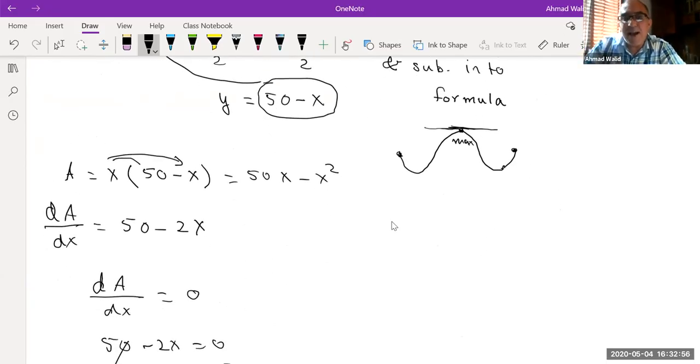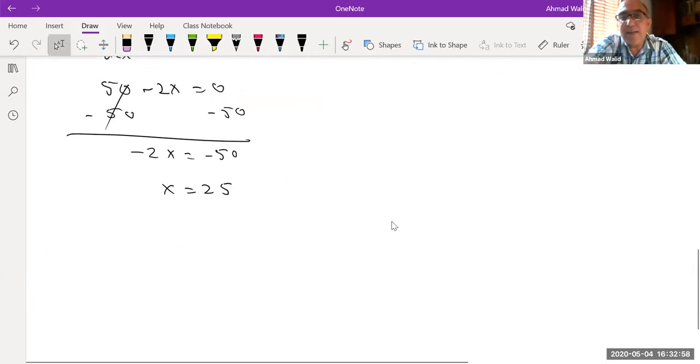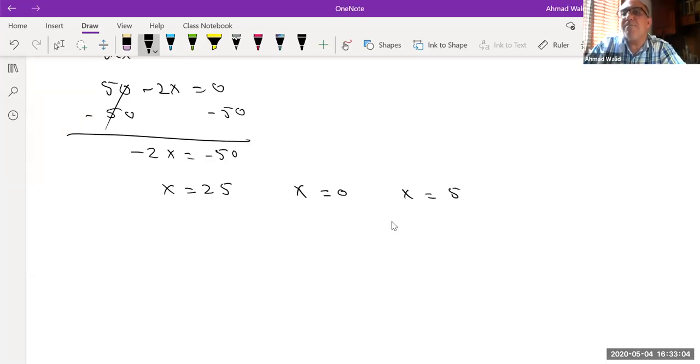It means my x can be 25, my x can be 0, or my x maximum can be 50. I have these three options to use the fence, correct? 0 and 50 are the endpoints of your function because in total you have 100.